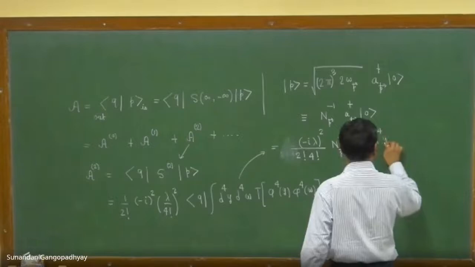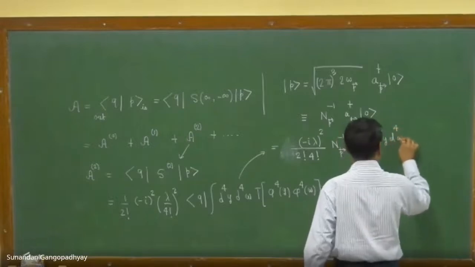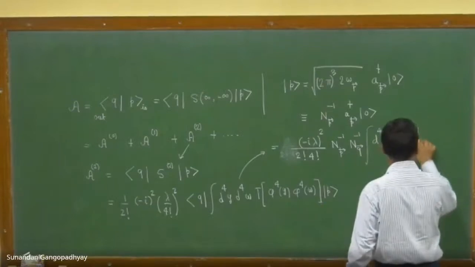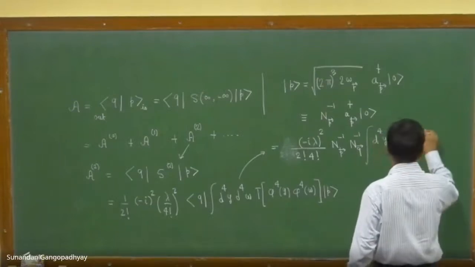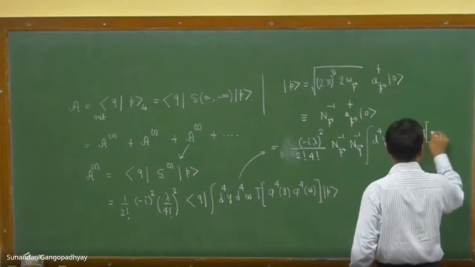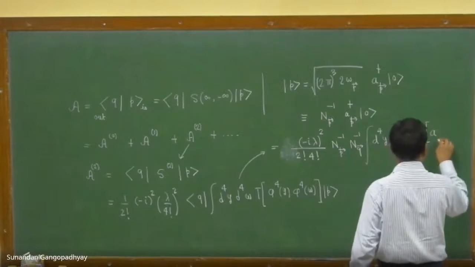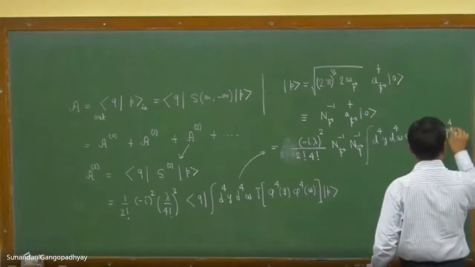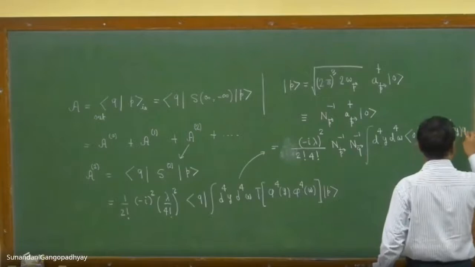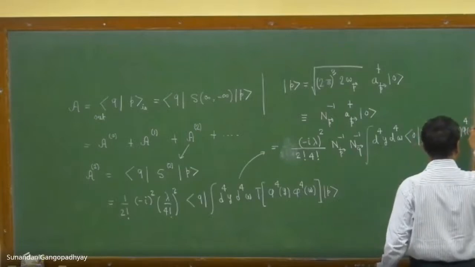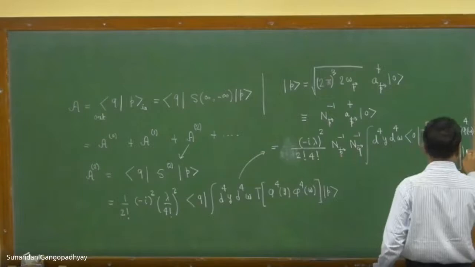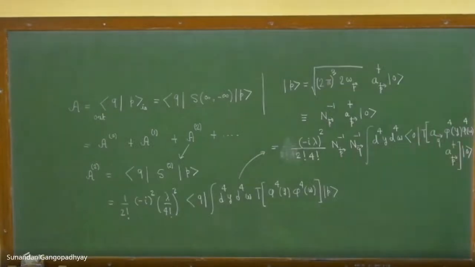This will be d4y, d4w, then this will be bra 0, time ordered product of a_Q, phi to the power 4 at y, phi to the power 4 at w, a dagger p, ket 0.